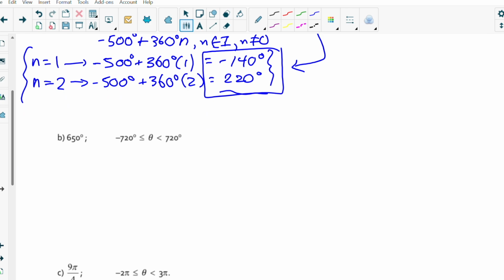Next one, 650 degrees. 650 degrees plus 360 degrees times n. N is an element of integers. N does not equal 0. Okay, this one has a bunch of them. N equals negative 1.